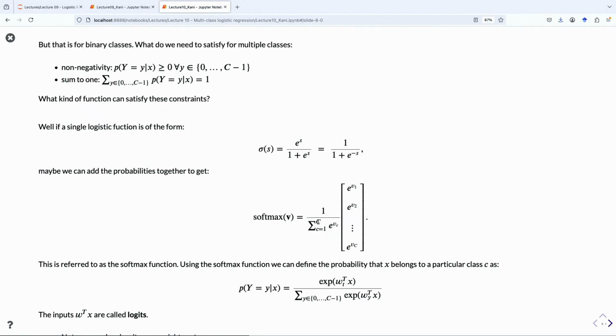We should divide each of these probabilities, the probability that the particular x is equal to a particular label, by the sum of the probabilities of all labels.